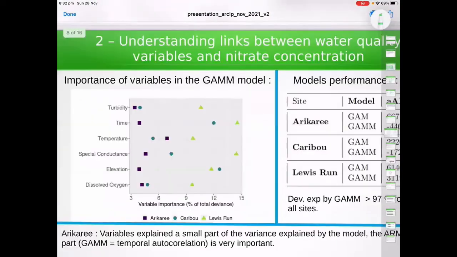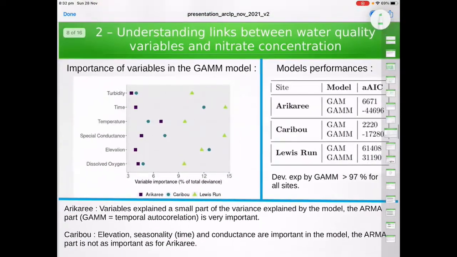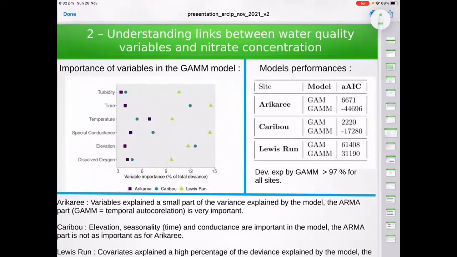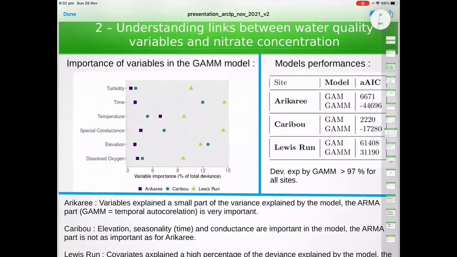To gain more insight into our model, we look at the importance of the variables in the generalized additive mixed model. Comparing with a simple GAM on the right, in this table on model performance, if we choose the model by the AIC criterion, it is clear that taking into account the dependency between the points improves the model a lot.